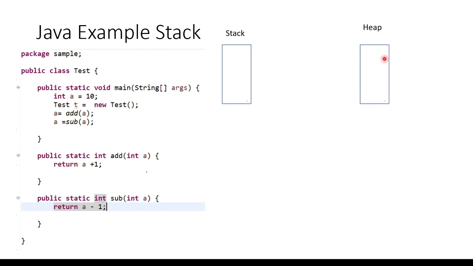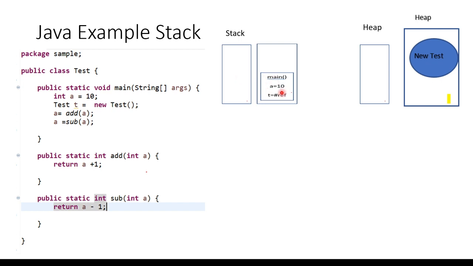Next, as we discussed, first it will trigger the main method. When the main method is triggered, next it will execute the line int a = 10. Whenever the main method is triggered, one separate block will be created in the stack memory for it.